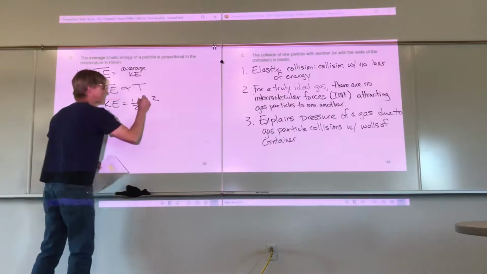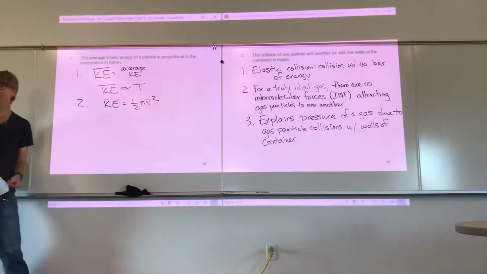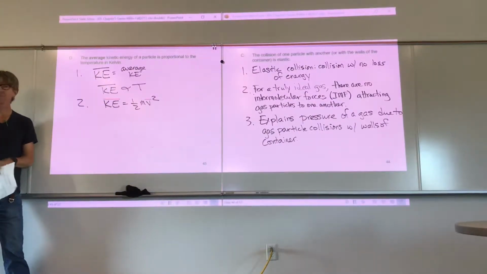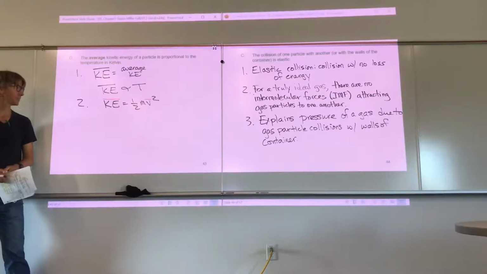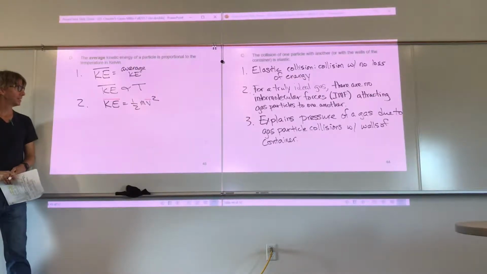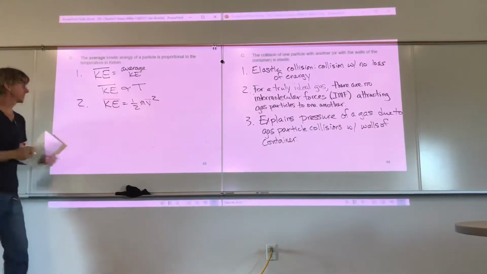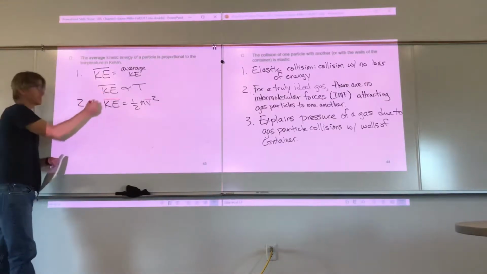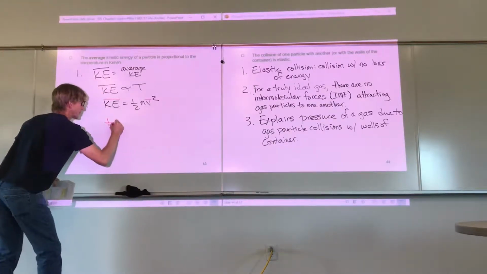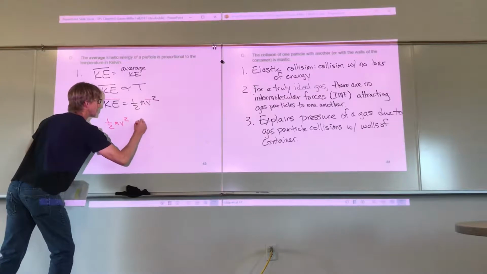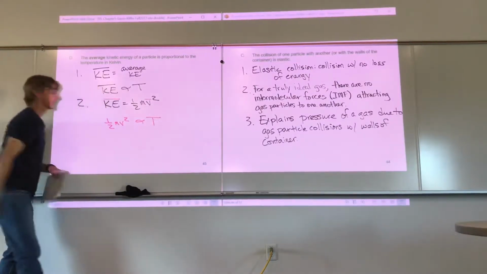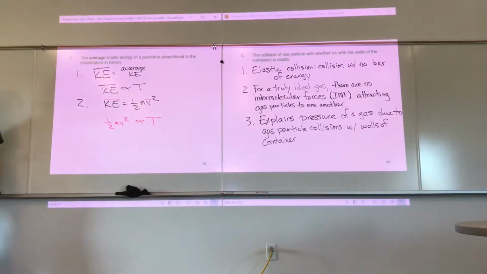And it'll turn out that the velocities will be averaged. And we'll talk more about that. But that's where the bar goes. And so now, I'll combine these two. And say that 1/2 mv squared is proportional to T.